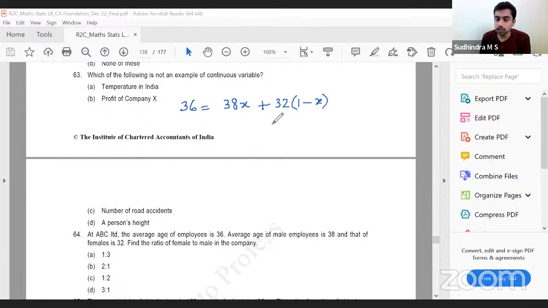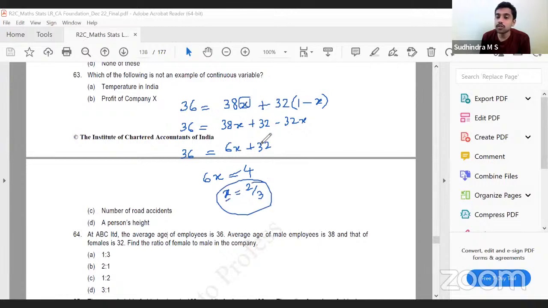You can take Y also. 36 is equal to 38X plus 32 minus 32X. 38 minus 32 is 6. 36 is equal to 6X plus 32. 6X is equal to 36 minus 32, 4. So X is 2/3. X represents male. So male are in the ratio of 2:1. For every total 3, there are 2 males. So 2:1, male to female. I want female to male, 1:2.